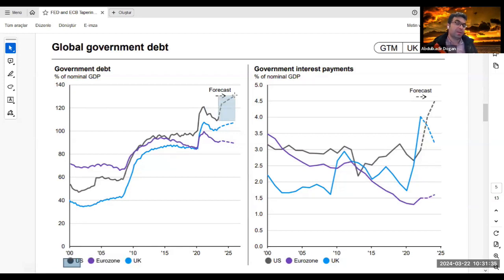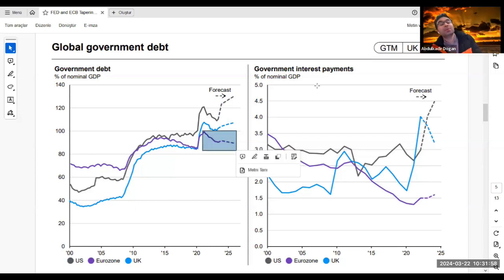Because of maybe the election period here, I'm thinking about that. Their government debt is really huge, approximately 130% of their GDP. But for the Eurozone and UK, it is even around 100%, and for the Eurozone, it is less than 100% as well.